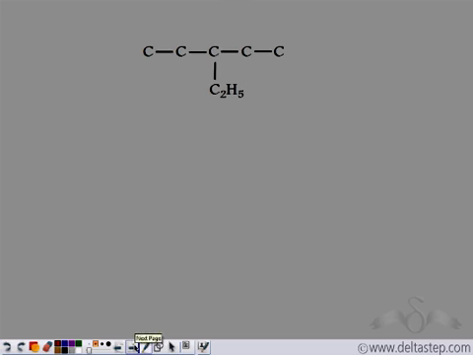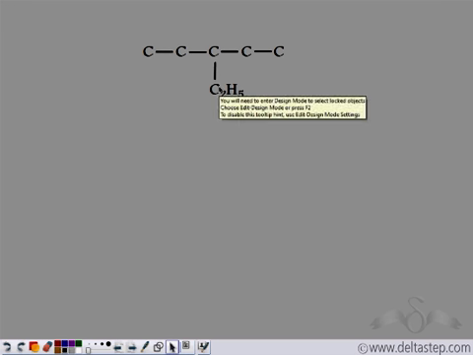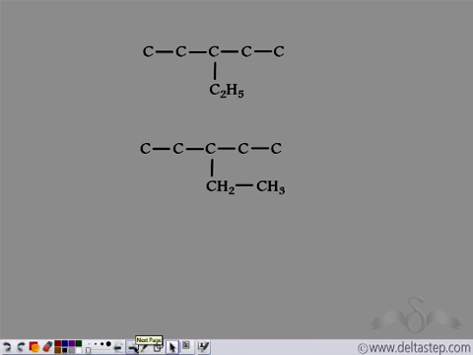Let's take another organic compound. This is our organic compound. We have 5 carbon atoms and over here we have a C2H5 group. Let's expand this C2H5. What will we get? So when we expand this C2H5, we can write it as CH2, CH3.